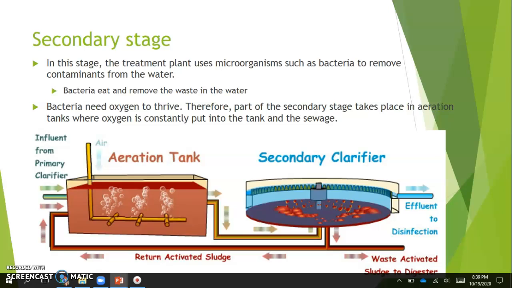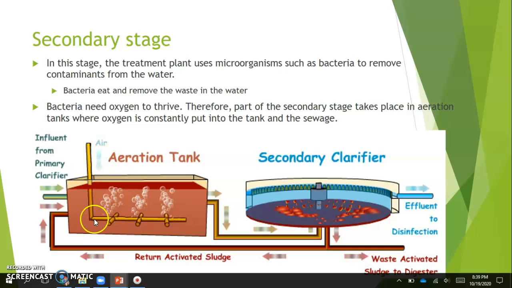This is the same idea as when we talked about eutrophication, and the bacteria used up all the oxygen in the water to break down the algae. So here we need to add oxygen into the tanks in order for them to do their job. Part of the secondary stage takes place in an aeration tank, and that's where oxygen is constantly put into the tank and the sewage.